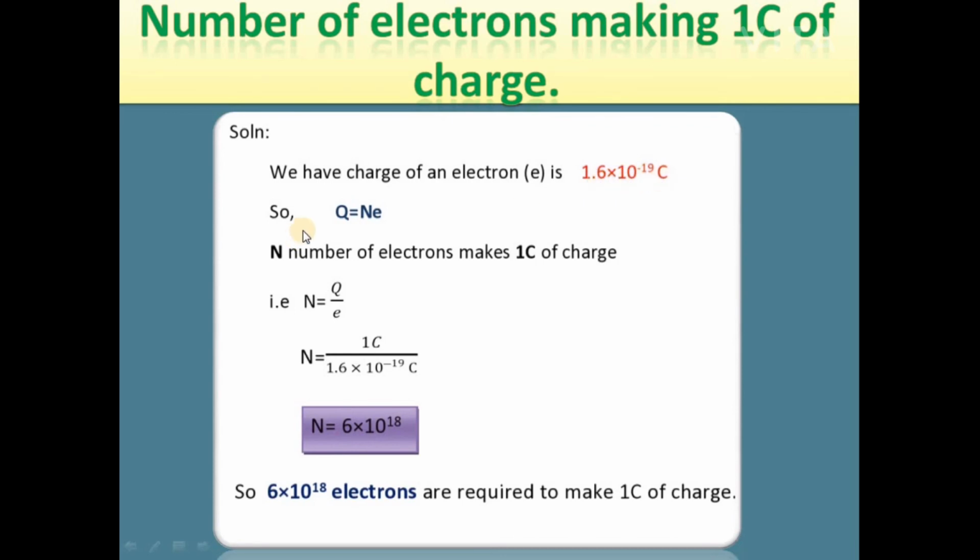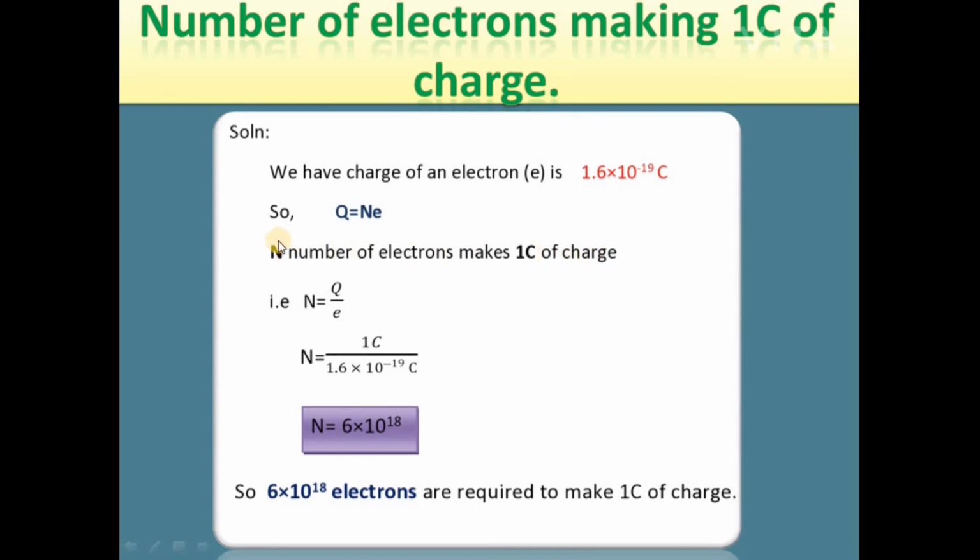So, Q is the charge, N is the number of electrons, e refers to the electron charge.